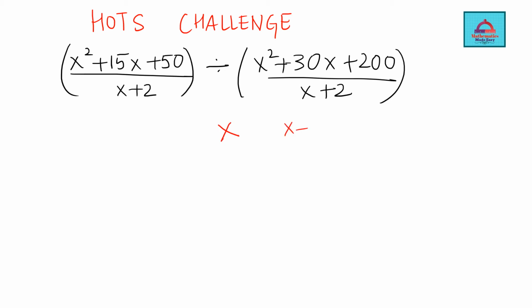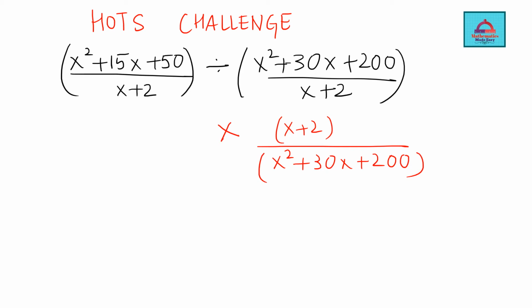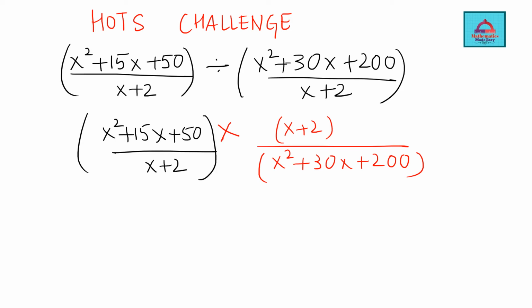So x plus 2 is going to come on the top, and x square plus 30x plus 200 is going to go down. Easy. And now you would see that your question would simplify a little bit, as x plus 2 is common. So we can cancel it.